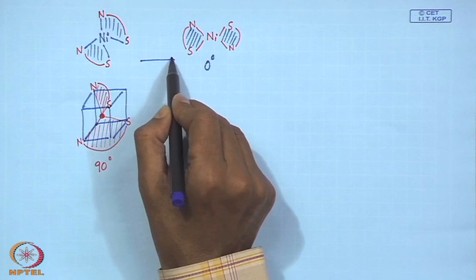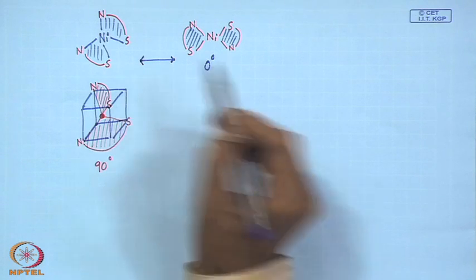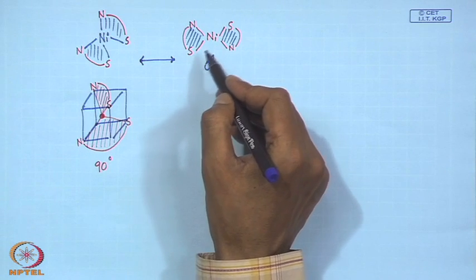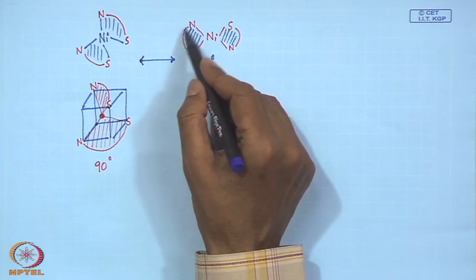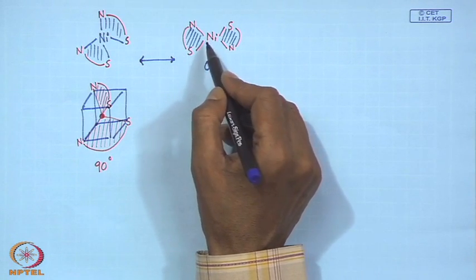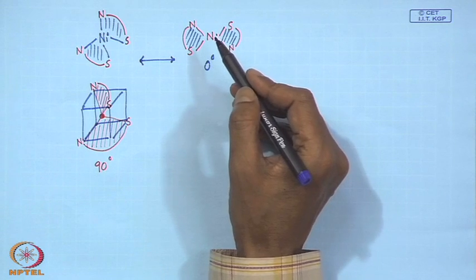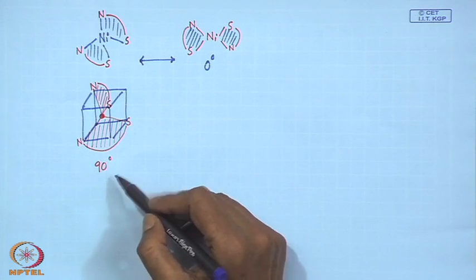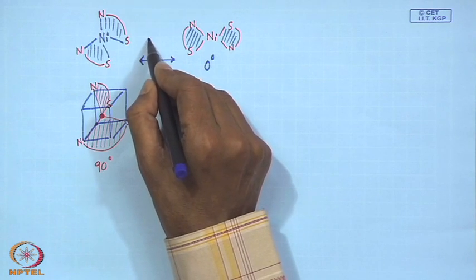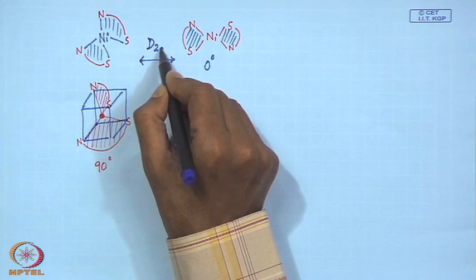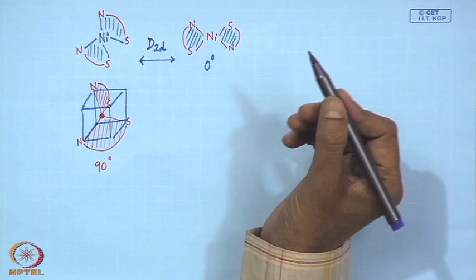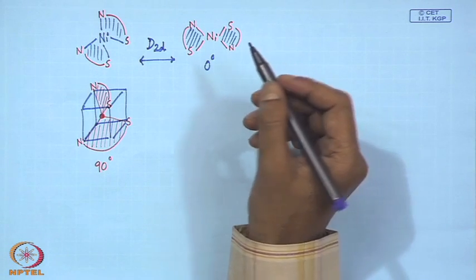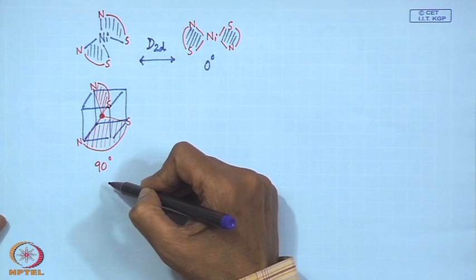In between we have other distortions, going from 0° to perpendicular. One plane will remain in the plane of the paper and the other will go perpendicular to it, giving rise to a 90° orientation. For some in-between geometries we have the D2d geometry, which varies from 0 to 90°.